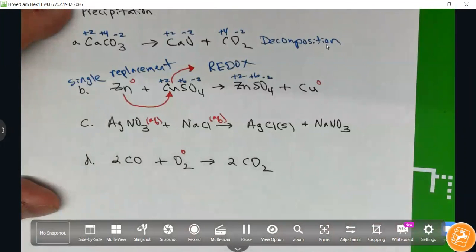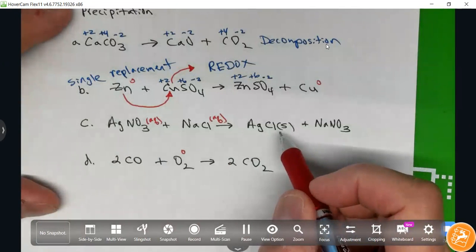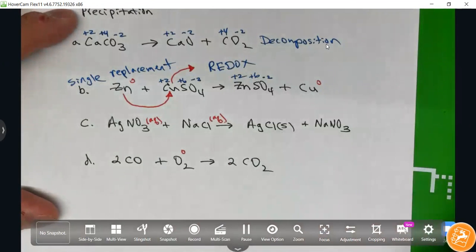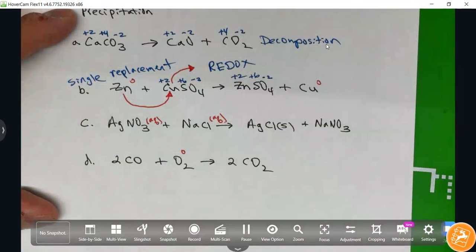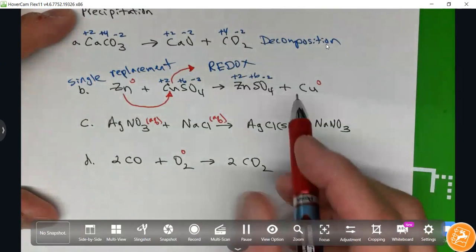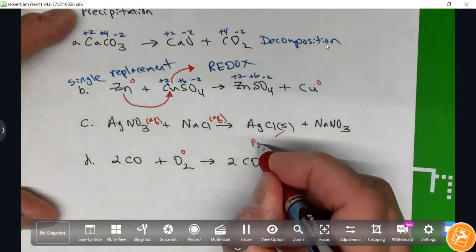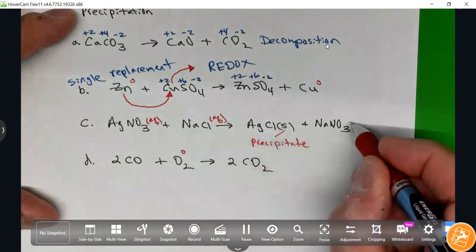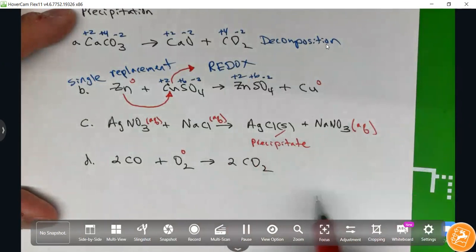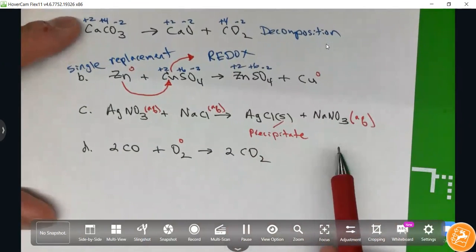It's going to say chlorides are soluble. If it's group 1, potassium, lithium, sodium, rubidium, cesium. So this is going to be the exception for chlorides. So this is a precipitate. This for sure is soluble.